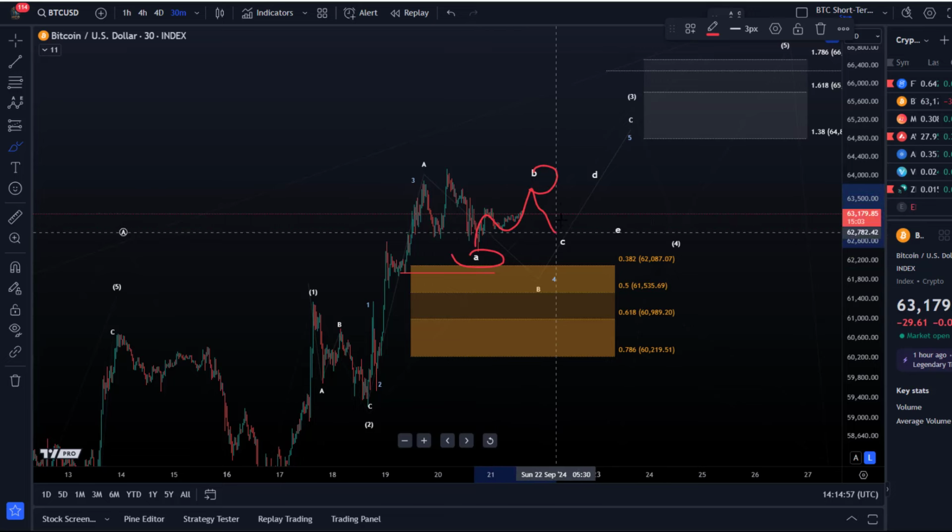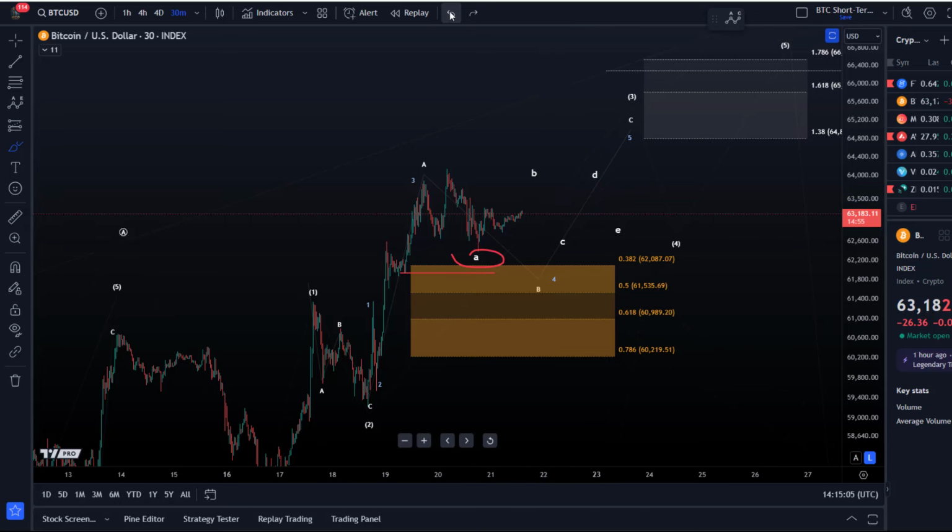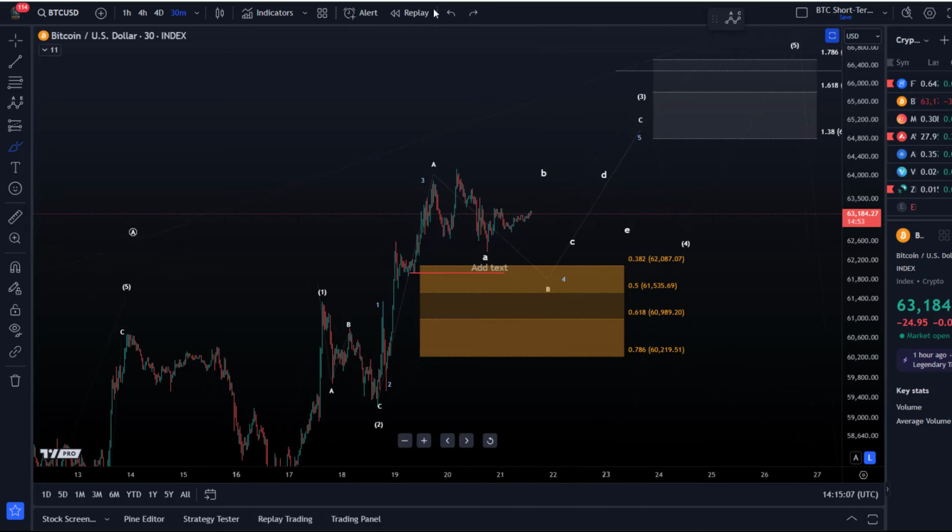Then we need a wave C, a wave D, a wave E. It would look massive. Possible though, but massive for a wave 4 of that degree. So I don't necessarily expect that. If we've bottomed, it's possible. It's just that there's nothing there that would confirm that at this stage.